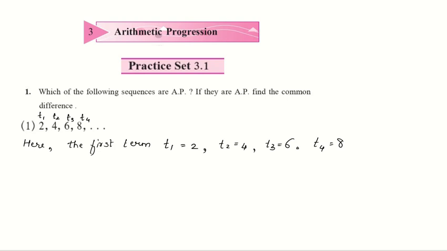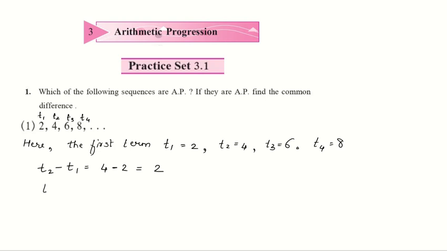So if you remember, as I have explained, how can we find the common difference? We can find it by T2 minus T1, which is equal to 4 minus 2, that is 2. We got the difference T2 minus T1 as 2.